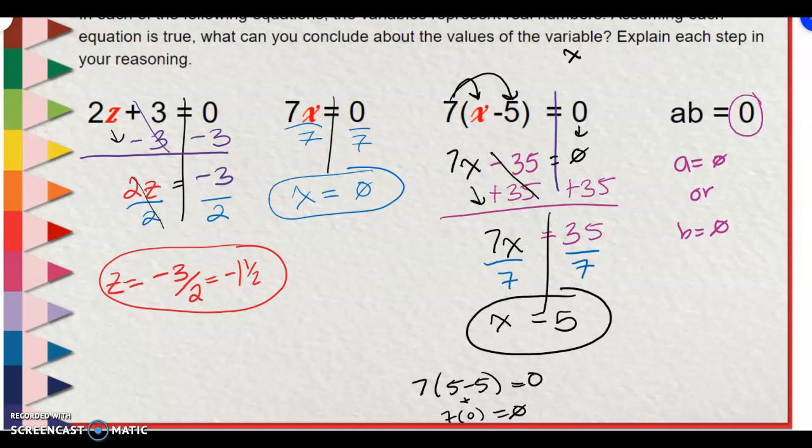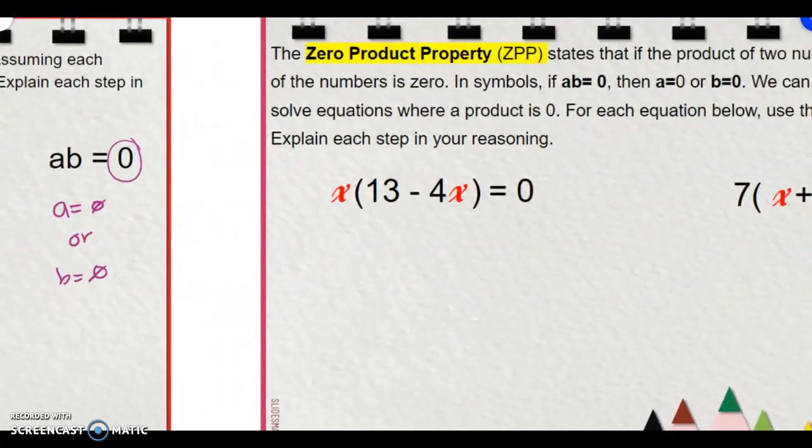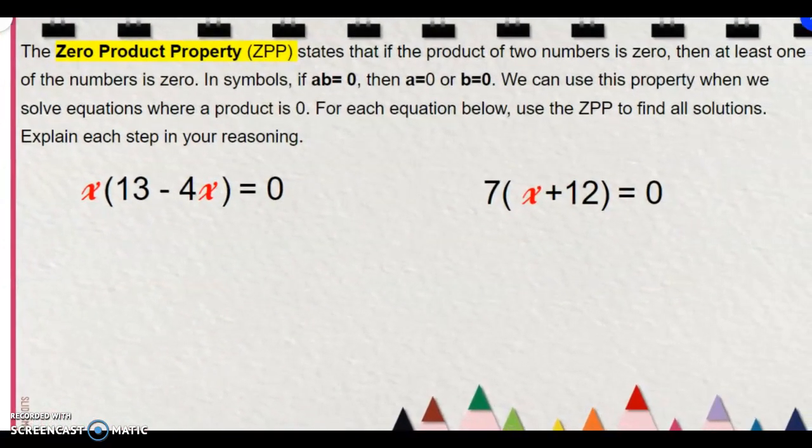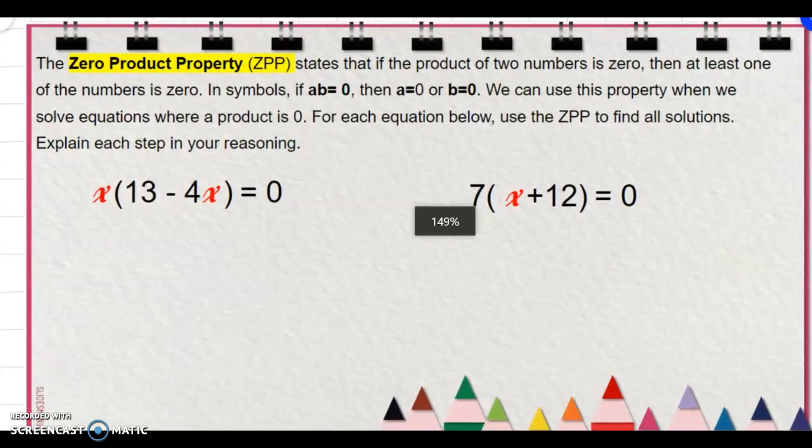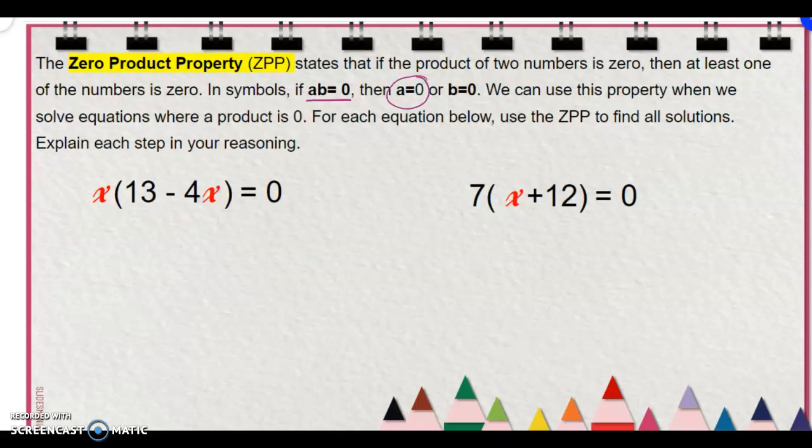Now let's actually look at the zero product property. The zero product property states that if the product of two numbers is 0, then at least one of the numbers is 0. So saying a times b equals 0, either a needs to be 0 or b needs to be equal to 0, just like what we were saying for the last one.